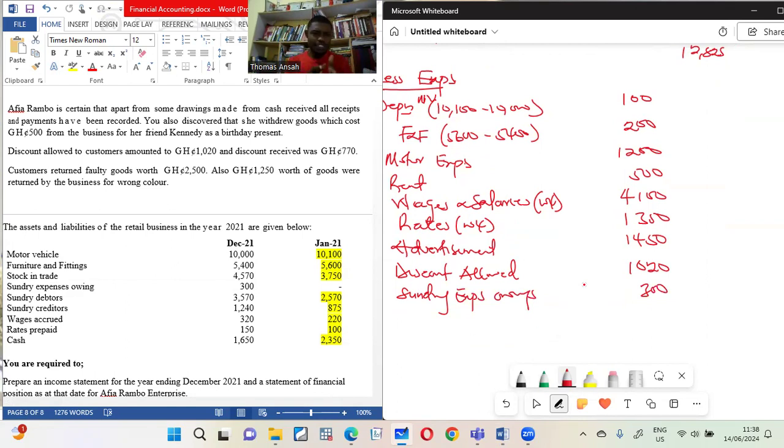So this one has been incurred. We owe it. So it's part of our expenses. And I think I've explained it before that if you owe rent of, let's say, 10,000 and you pay 8,000, you can't say your only expense for the year is 8,000. There is an additional 2,000. It's just because you have not paid. So with that 2,000, you will debit your P&L and you still take it to your balance sheet as an owings. All right. So that is that.